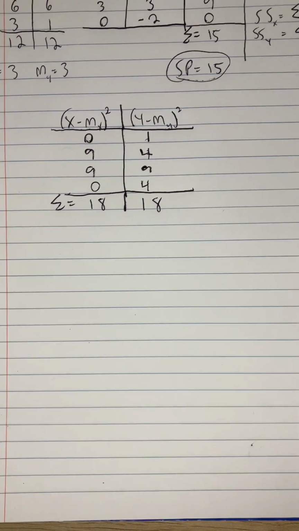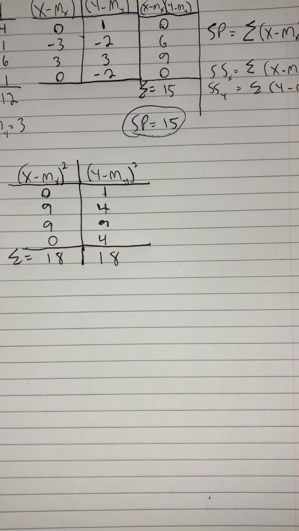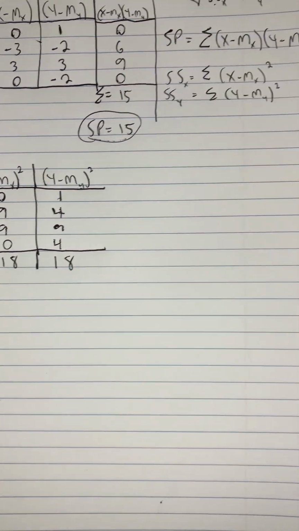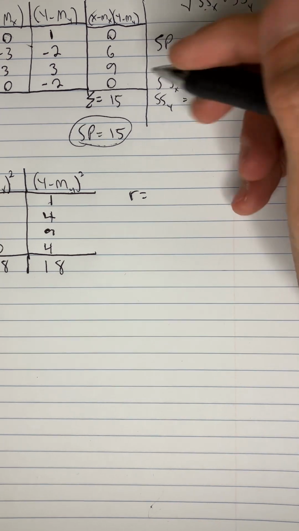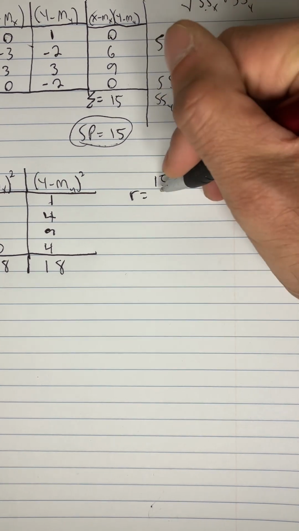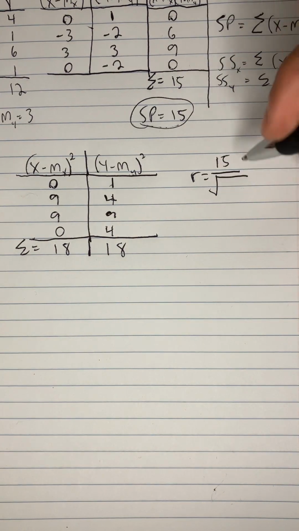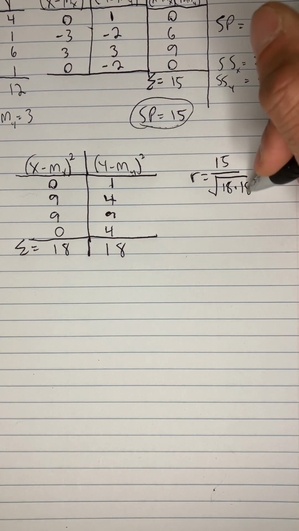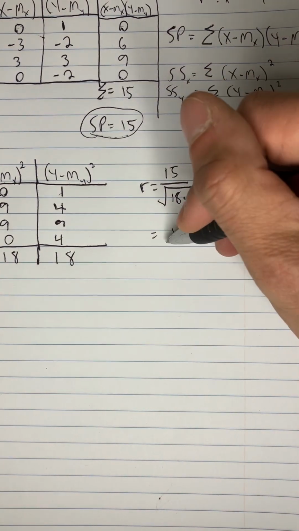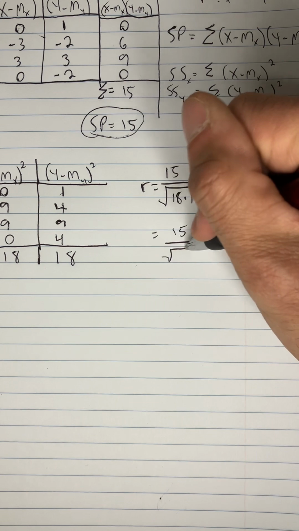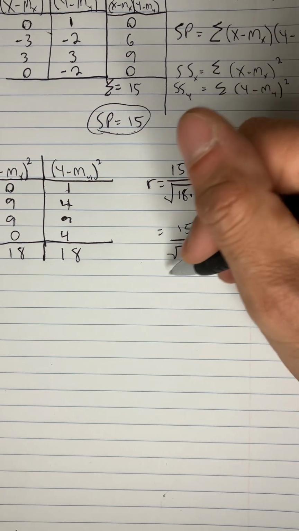Okay, so we can fill in our formula now. We have that r equals, SP is 15 over the square root of 18 times 18. And of course, this is 15 over, and this is really 18 squared, right? So those two things cancel each other out.